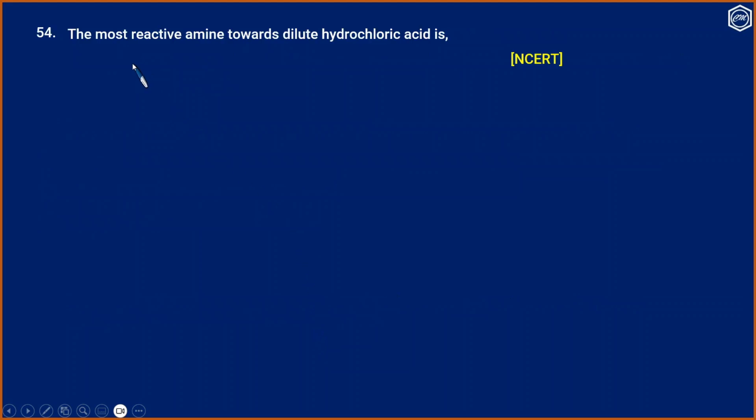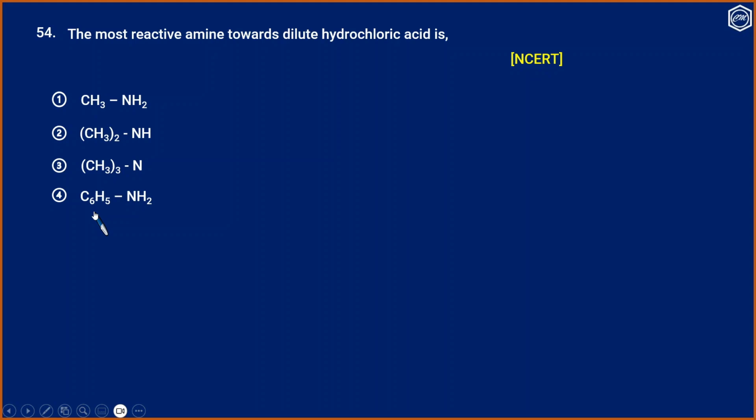Question 54. The most reactive amine towards dilute hydrochloric acid is: CH3NH2, (CH3)2NH, (CH3)3N, C6H5NH2.